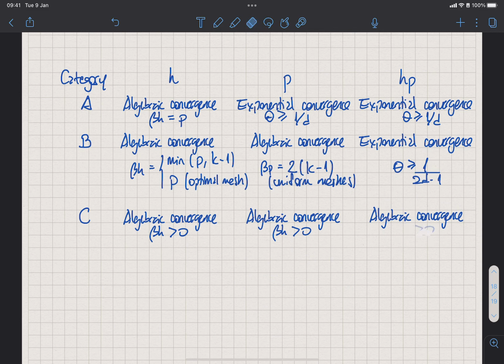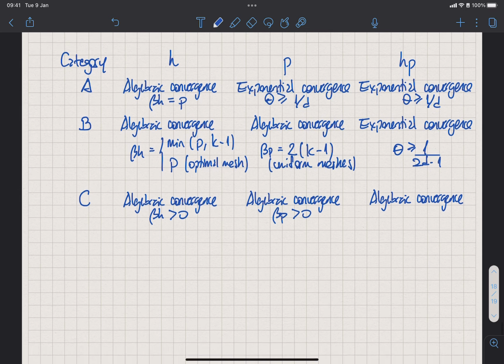There is no beta H here, and this is beta P. So all you can say is that you can still use these methods to solve a problem. As you reduce your mesh size, you're going to get a better solution, right? But that is as much as we can state.